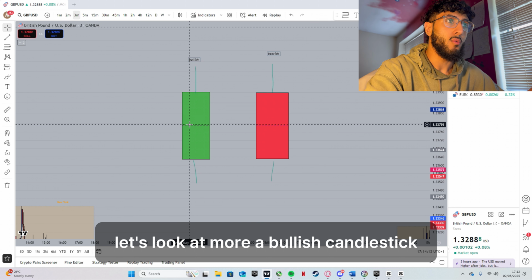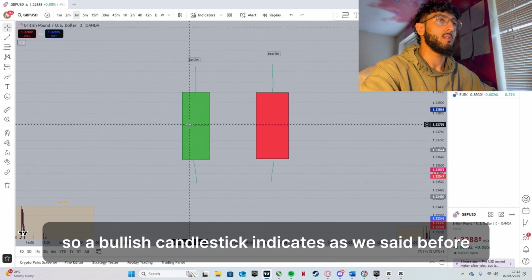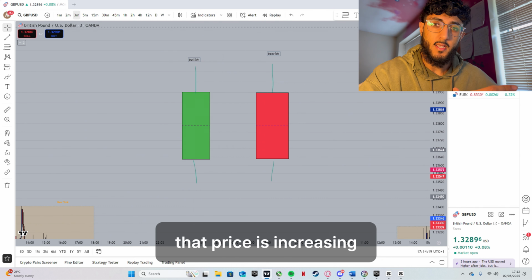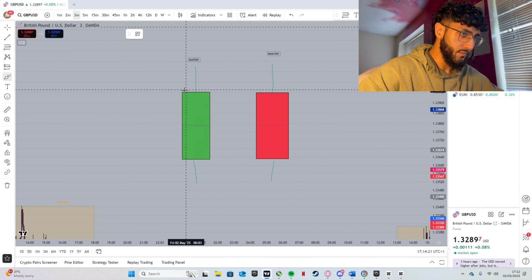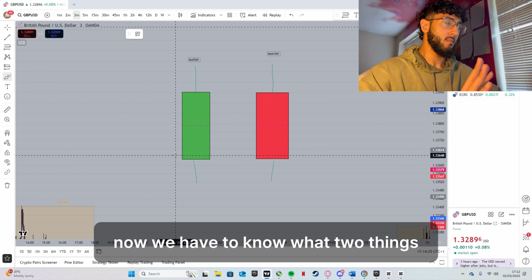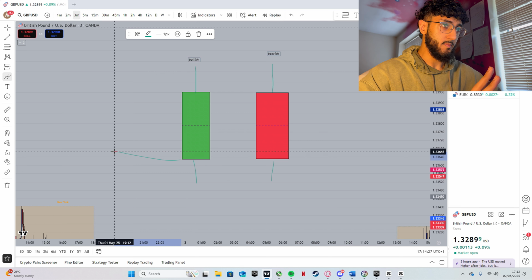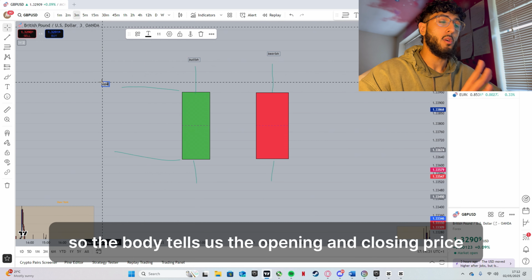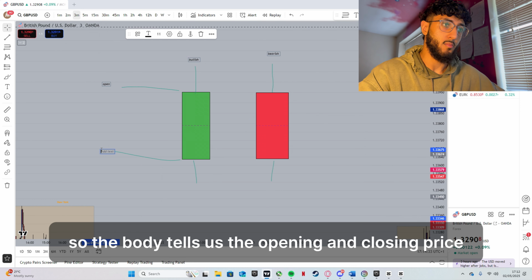Let's look at a bullish candlestick. So a bullish candlestick indicates, as we said before, that price is increasing and it leaves wicks behind. Now, we have to know 2 things: what the body tells us and what the wicks tell us. So the body tells us the opening and closing price.